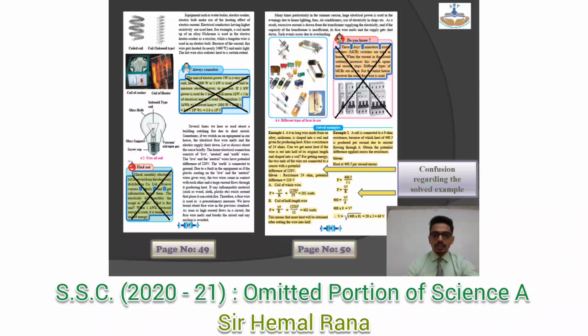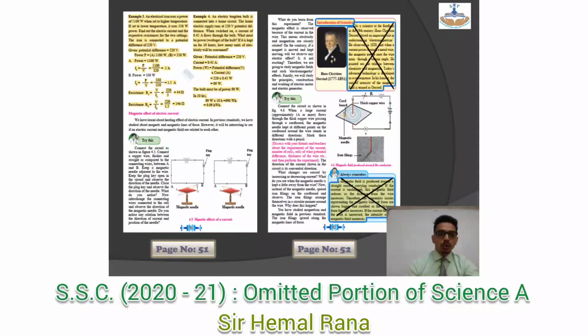So I have marked it for you: either these 2 solved examples are not there, or on the next page, page 51, example number 3 and example number 4, both of them are not there. We exactly don't know until further details come from your board. As soon as these examples get clear, we will let you know what is the change and what is there and what is not there.